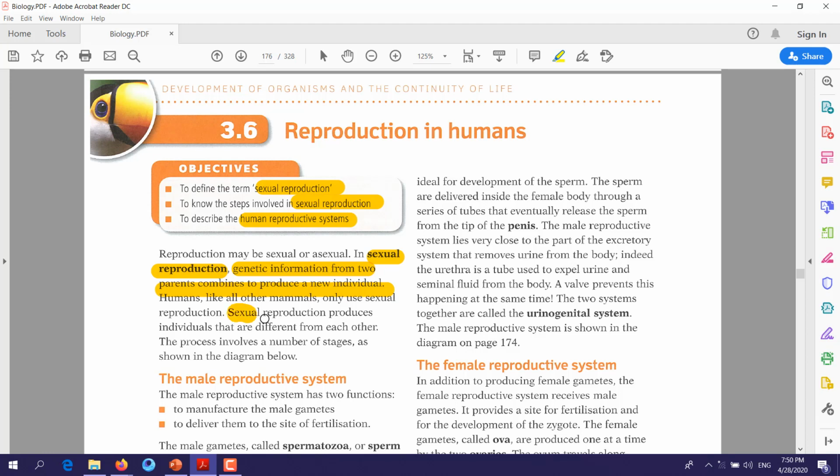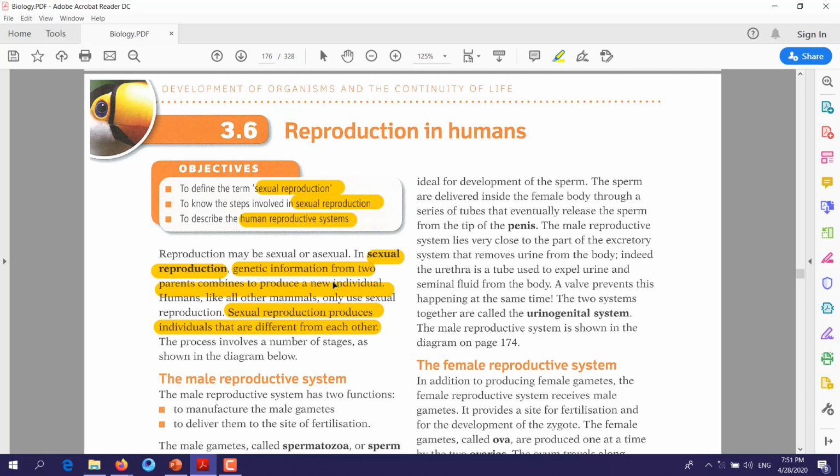Sexual reproduction produces individuals, but these individuals will differ from the parents, because in sexual reproduction the genetic information from two parents passes to the offspring.